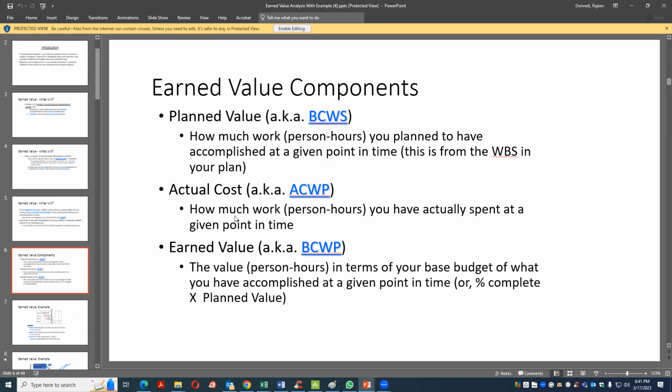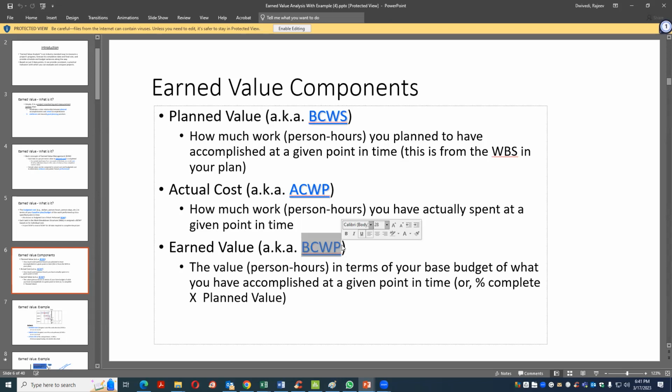This is actually observation. After 1 week, how much money is spent, how much cost has occurred. And earned value: after 1 week, what is the actual value you earn, or you get the value of the work. So these three numbers are very important. So planned value, actual cost and earned value.